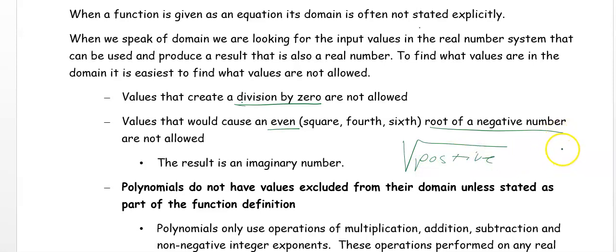And positive means it has to be greater than 0. 0 is not positive, so actually, I take that back. We could be positive or 0, because you can take the square root of 0 at 0. So you're going to take whatever's inside there and only allow numbers to be put in for your variable that will make that greater than or equal to 0. We will talk about that in a moment.